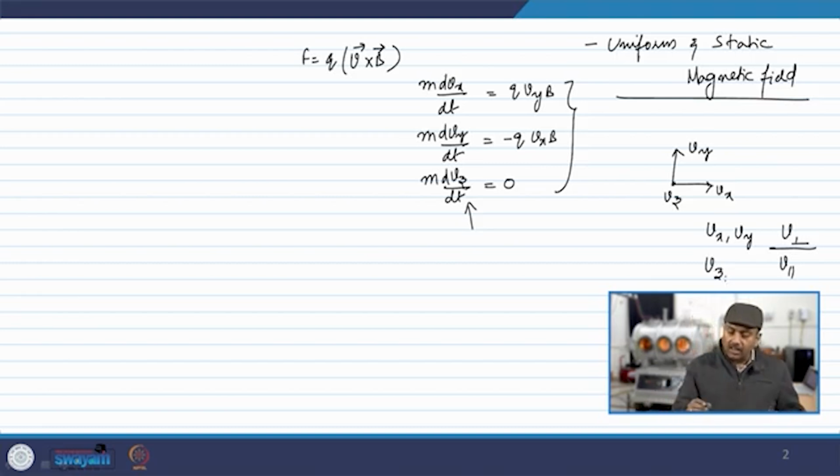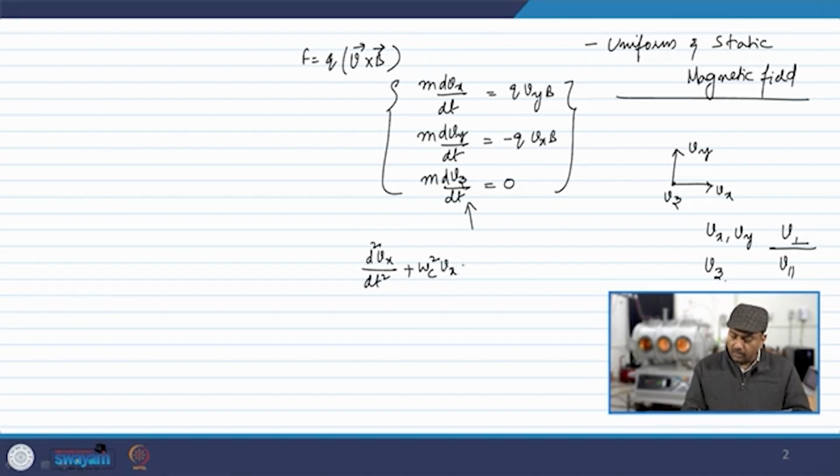Now, what we did in the last class is to couple these equations, and we got two second order differential equations, which are d square Vx by dt square plus omega c square Vx is equal to 0, and d square Vy by dt square plus omega c square Vy is equal to 0, and omega c is defined as minus q B by m.